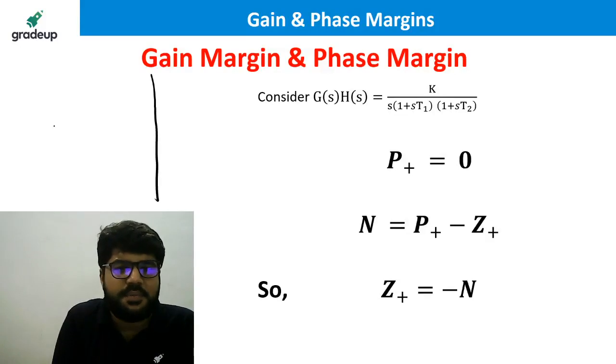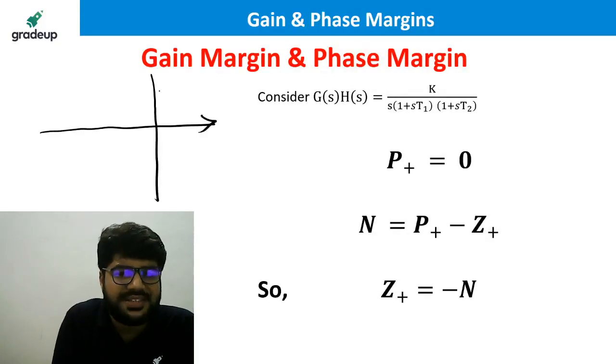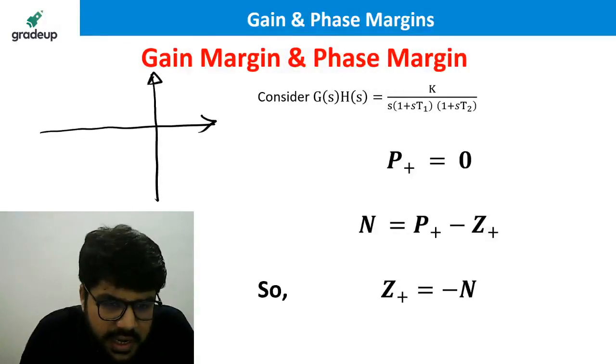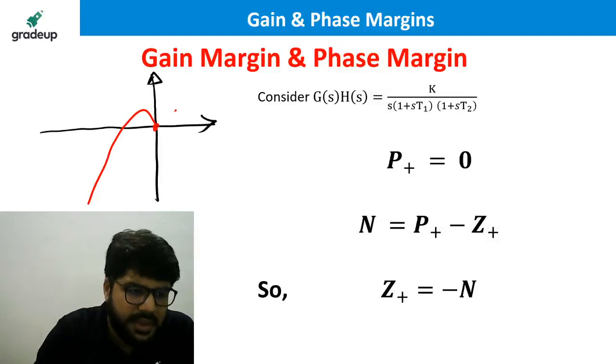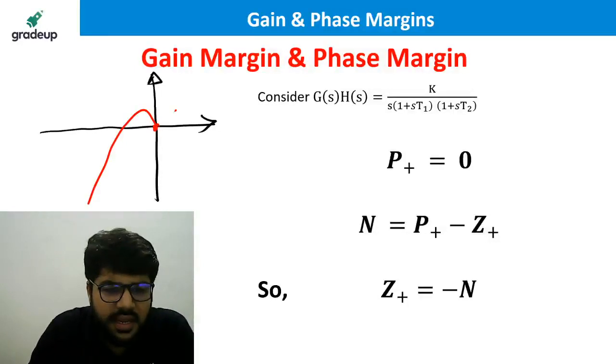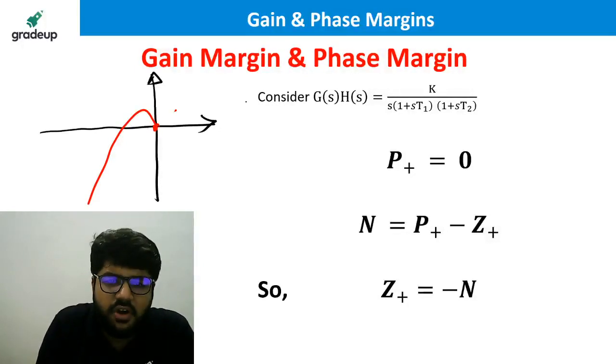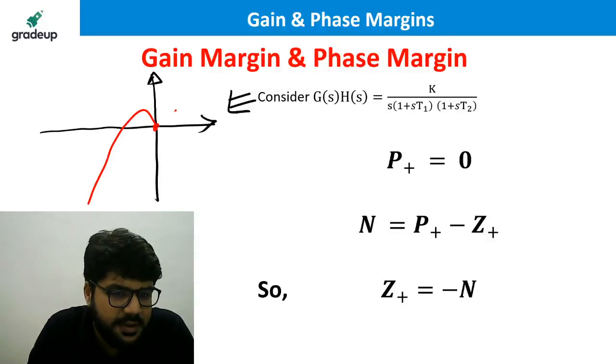I am taking a type of G(s)H(s) whose polar plot and Nyquist plot have been sketched already. The polar plot was of this form, and then we took the mirror image to complete the Nyquist plot. We have already spoken about such functions in Nyquist class number 2, that is yesterday.